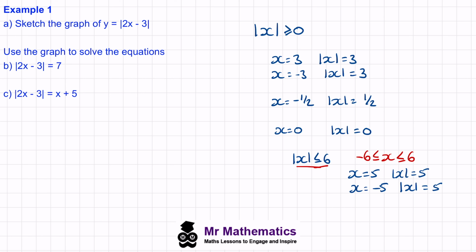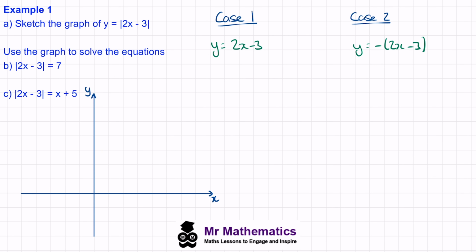So let's move on to our first example, where we're going to start by sketching the graph of y equals the modulus of 2x minus 3. So to sketch this graph, we need to consider two cases. In case 1, where y equals positive 2x minus 3, and in case 2, y equals negative 2x minus 3, because in both cases, y will be the modulus of 2x minus 3.